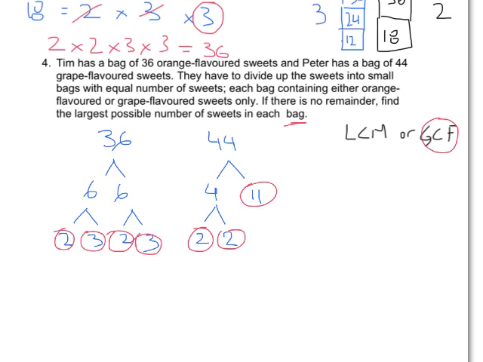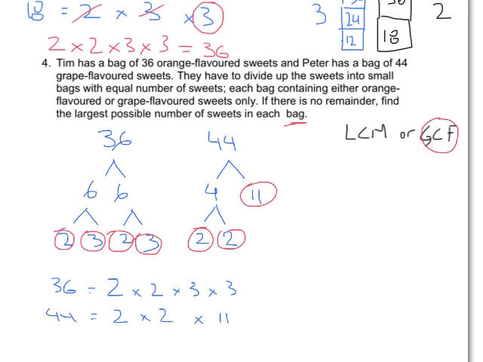So underneath here, I'm going to write 36 equals 2 times 2 times 3 times 3, and 44 equals 2 times 2 times 11.